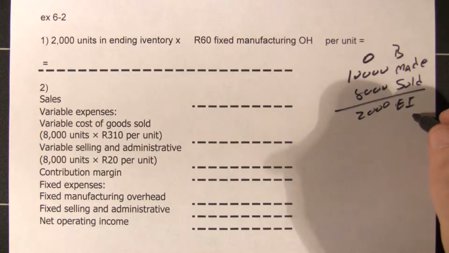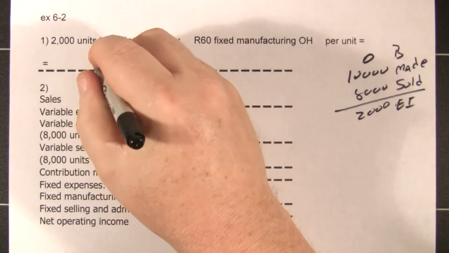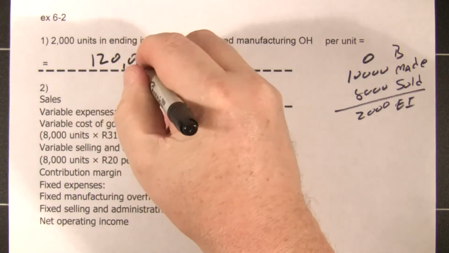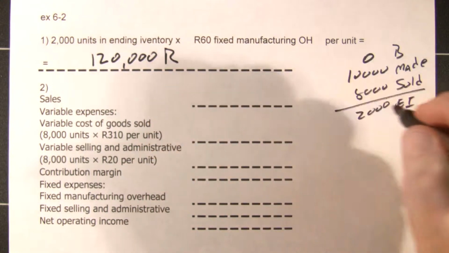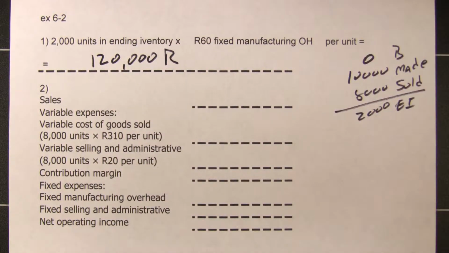And each one of those had 60 rupee of fixed manufacturing overhead. So we had $120,000 of fixed manufacturing overhead from last month captured into the inventory.